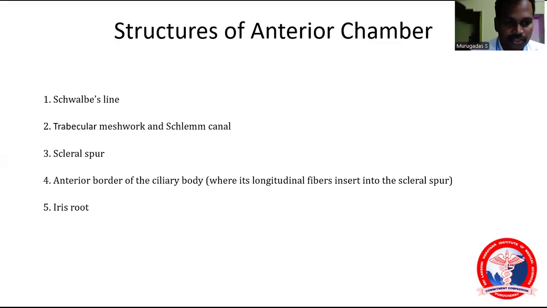Posterior to it is the trabecular meshwork, which is bridged between the Schwalbe's line and the scleral spur. Posterior to this is the scleral spur, the anterior border of the ciliary body, where its longitudinal fibers get inserted into the scleral spur. And behind that is the root of iris.